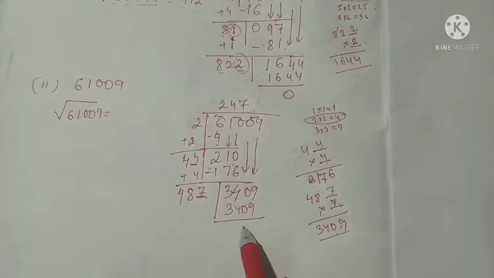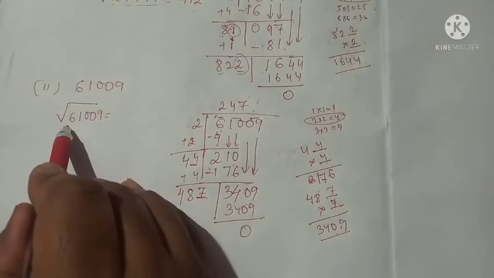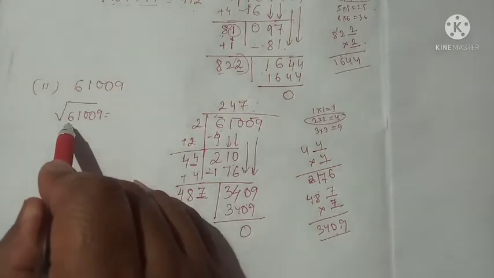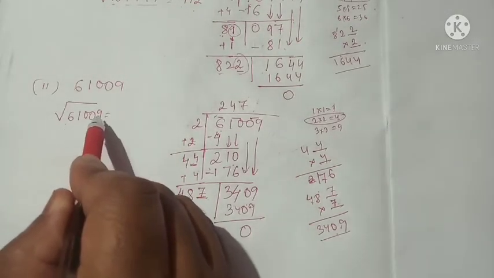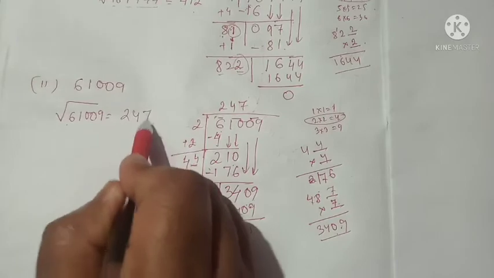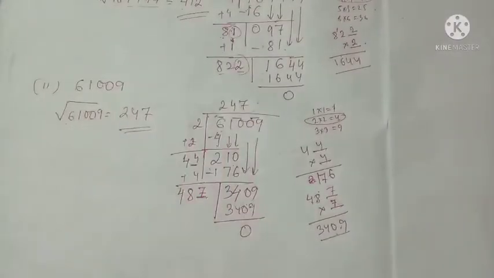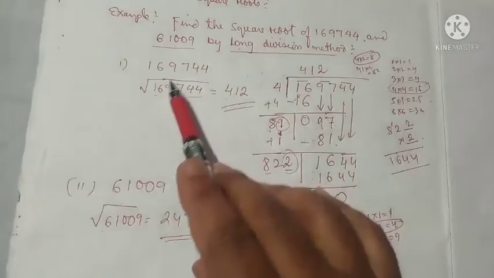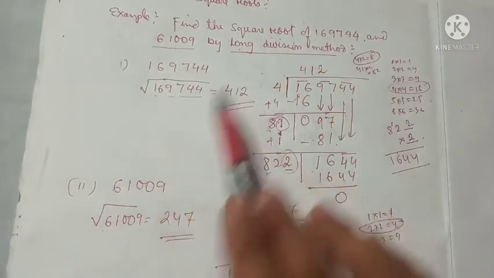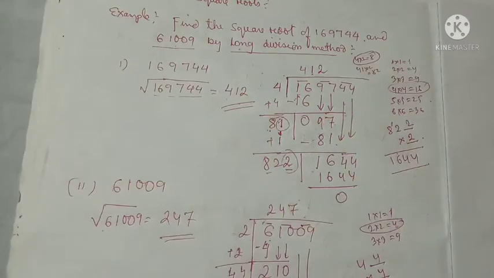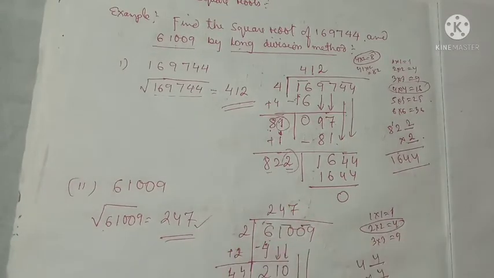Here it is 3409. The remainder becomes 0. So the square root of 61,009 is 247. In this way, for both even-digit and odd-digit numbers, we can find out the square root of the given number.